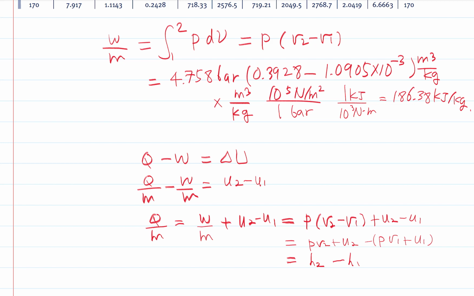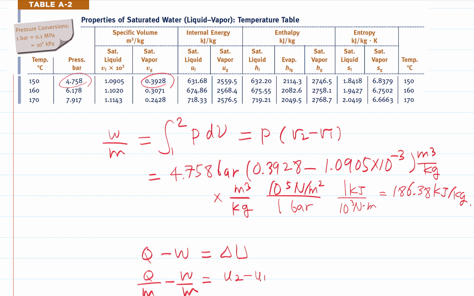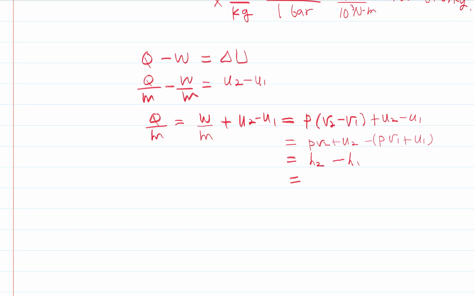So the enthalpy change between the saturated vapor and saturated liquid at 150 degrees Celsius is here. So we use the first law of thermodynamics to calculate the heat transfer to the closed system.